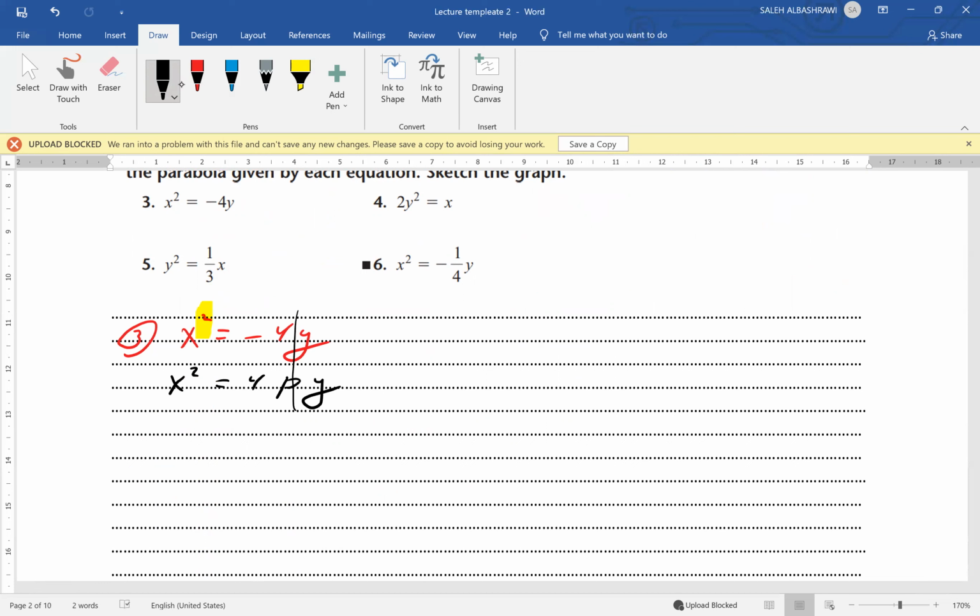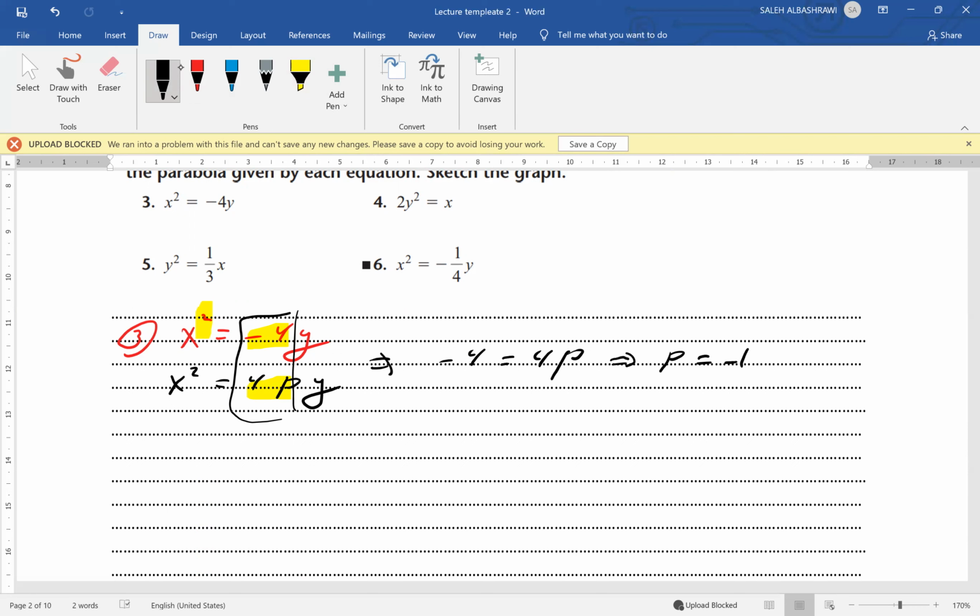So if we take these two together, I will have minus 4 equal to 4b. This is minus 4y, and this is 4by. We just make the two equations equal, and we will see that minus 4 equal to 4b, which will give me b equal to minus 1.